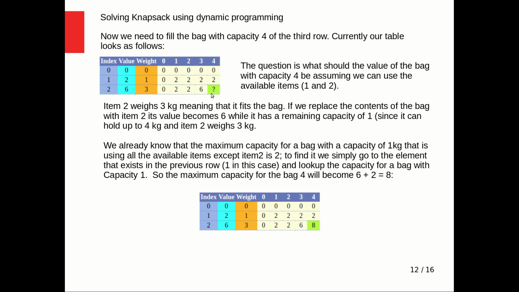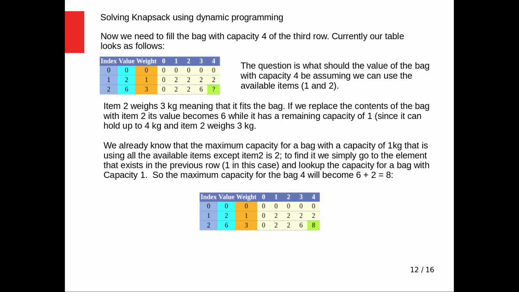Now our capacity is 4 and our weight is 3. If we add this item in the bag, the value is going to become 6. But we have 1 kilo left. The question is, how do we fill this kilo?